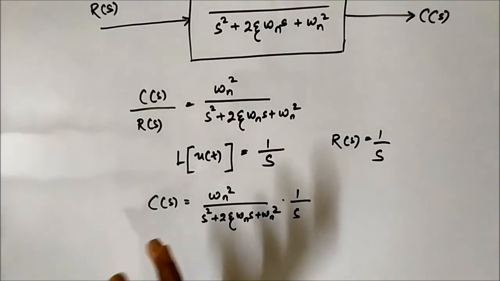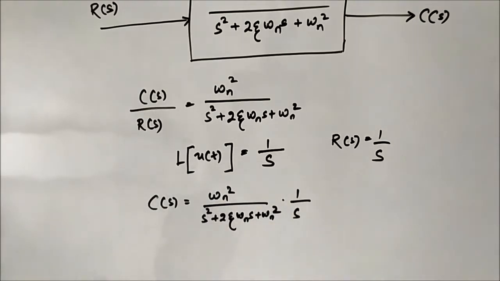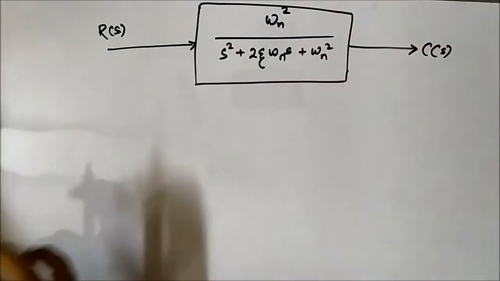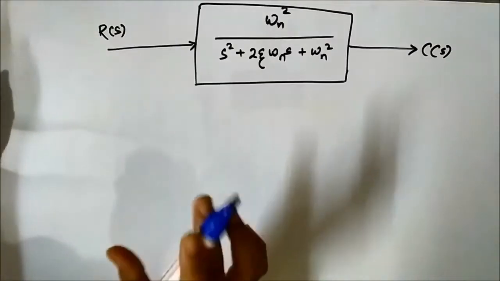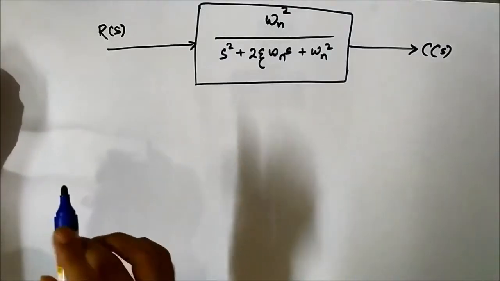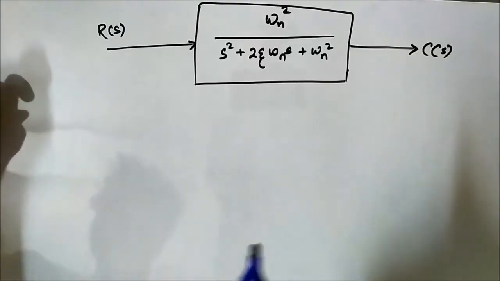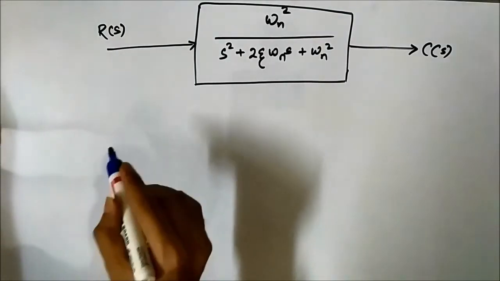Here I will just directly write the output response, and then we'll discuss some other important things. So let us directly write the time domain output response for the second order system to unit step input for the underdamped case.